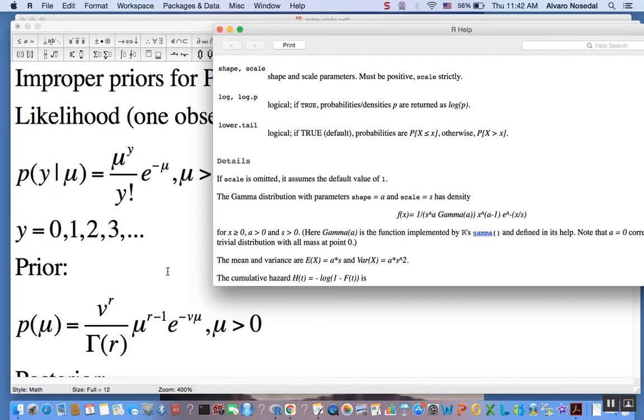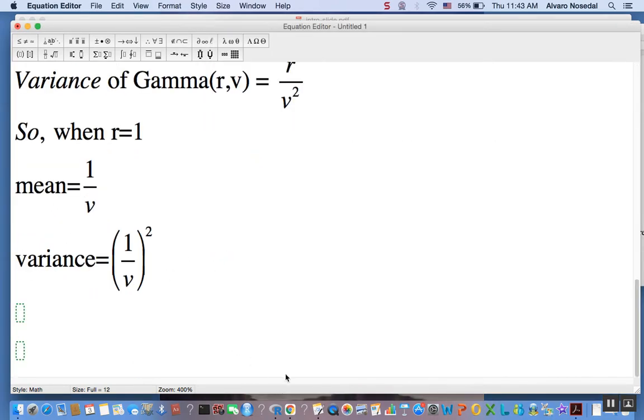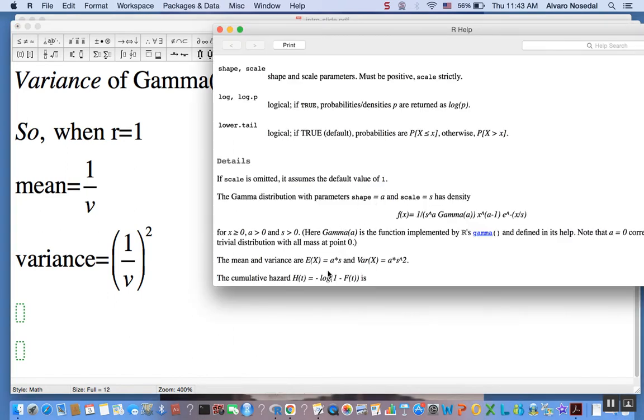Okay, so let's write that down. By the way, they refer to a as the shape parameter and s as the scale parameter.